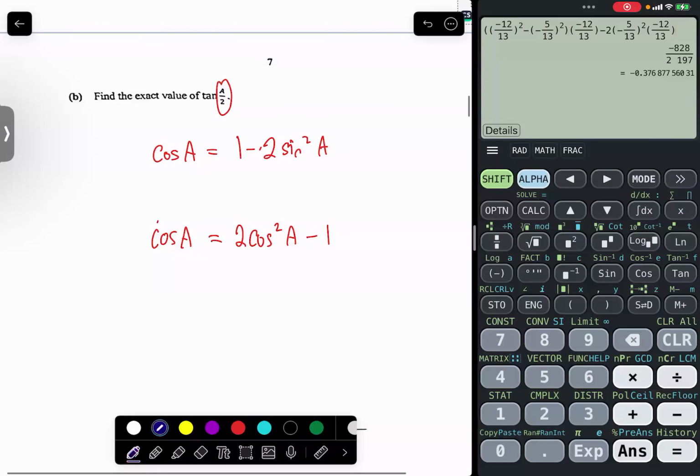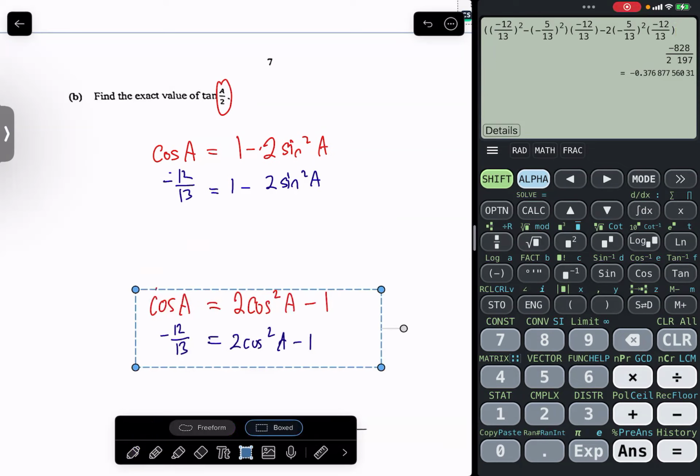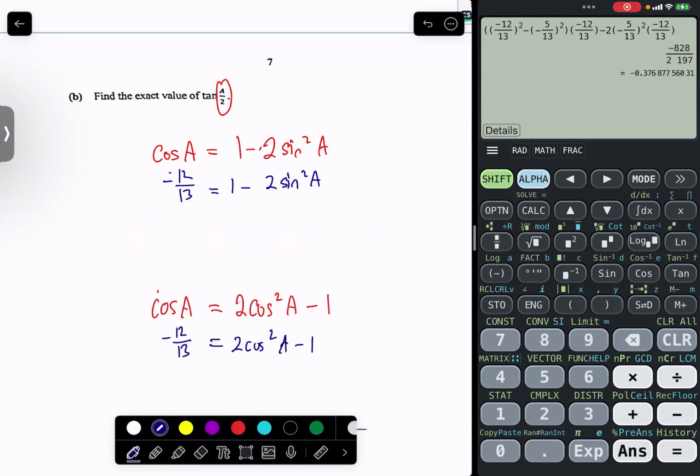Okay. So cos A is negative 12 over 13. Negative 12 over 13 equals 1 minus 2 sin²A. Okay, so equals 2 cos²A minus 1, right? So here we get the half angle, right? So half angle would be, wait, sorry, A over 2, right? A over 2.